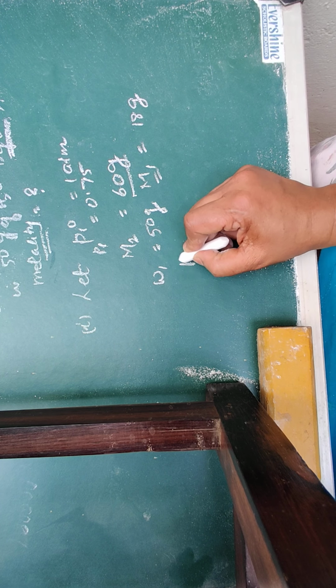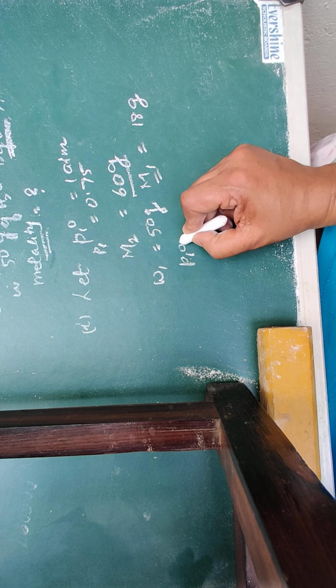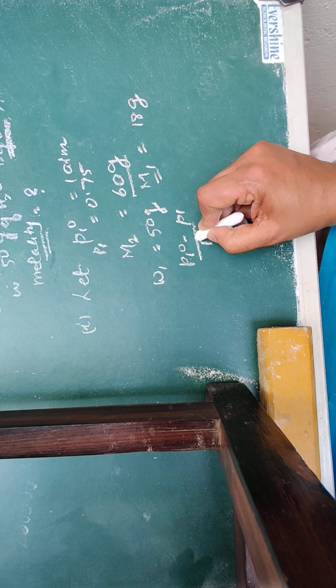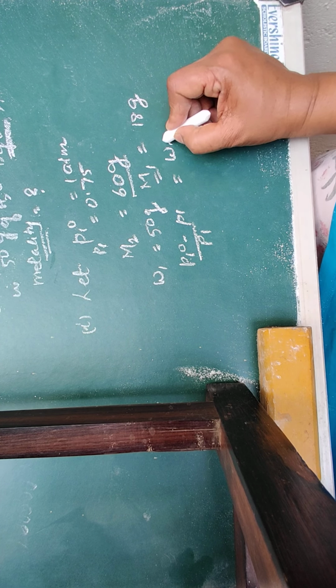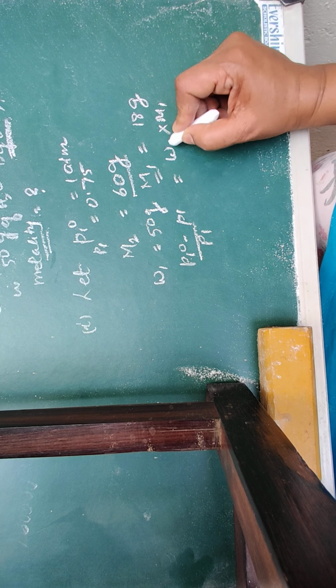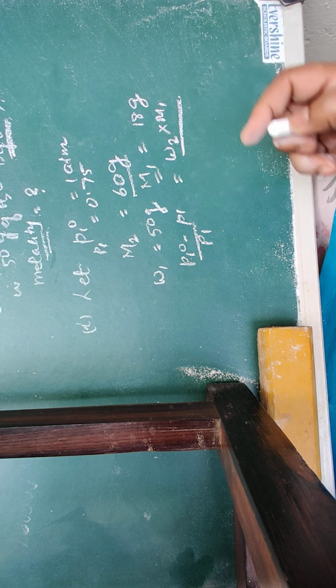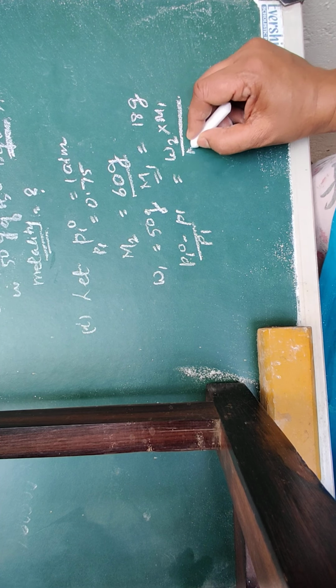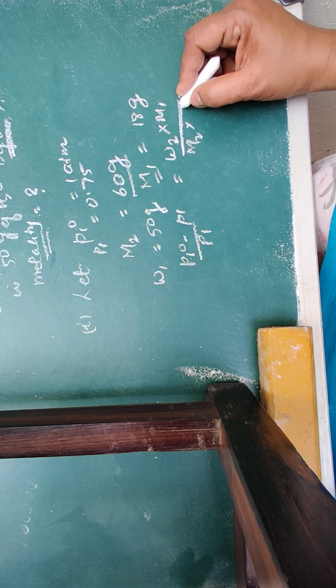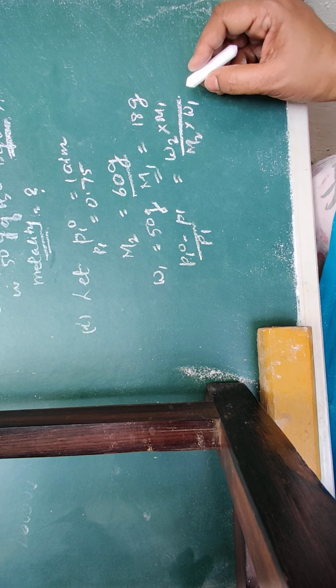So (P1 naught minus P1) upon P1 is equal to W2 into M1 upon M2 into W1.